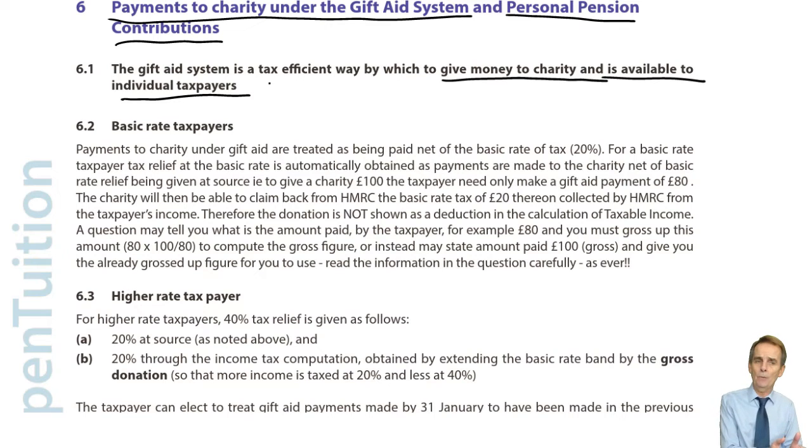And HMRC will take the £20 of tax that they deducted from me on my £100 worth of income and pay that also over to the charity. So from me giving £80 out of my net income, the charity ends up not just with the £80, but also with the £20 tax coming back from HMRC.